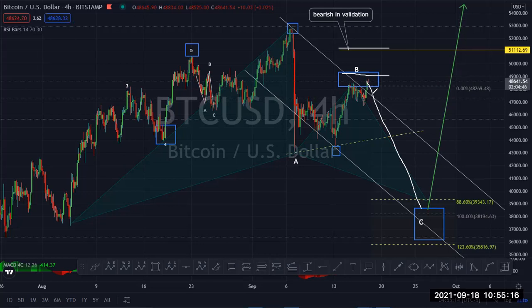So that's forecast, that's expectation. It doesn't mean that things cannot happen and we get a sharp move again like this. It's possible. But we first look at what is obtainable before we take a look at other possibilities. Okay, so that's for Bitcoin.